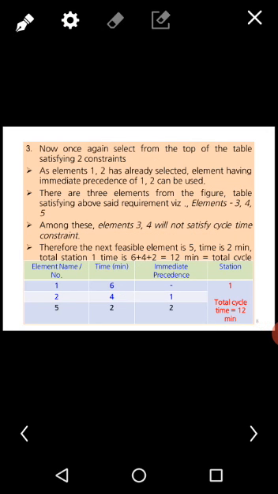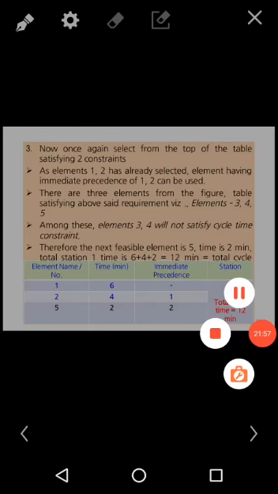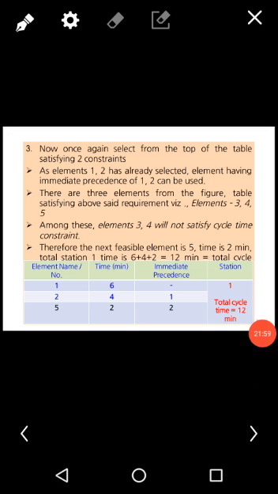Among these, elements 3, 4 will not satisfy the cycle time constraint. Therefore the next feasible element is 5 and its time is 2 minutes. Total station 1 time is 6 plus 4 plus 2 is equal to 12 minutes, which is equal to the total cycle time.